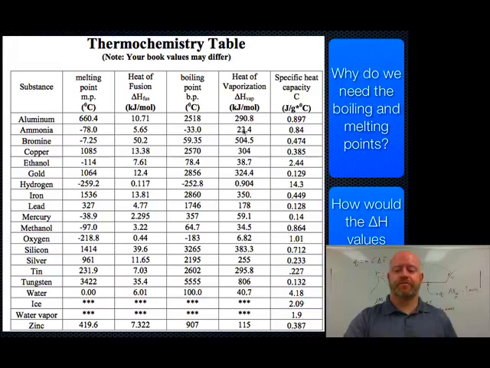So a couple of questions for us. Why do we need the boiling and melting points? We have melting point here and boiling point here. Well, if you think about it, we know that water melts at 0 and boils at 100.